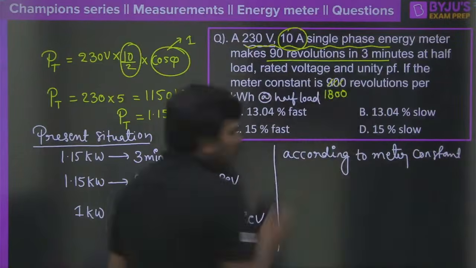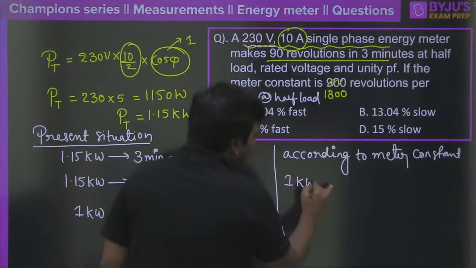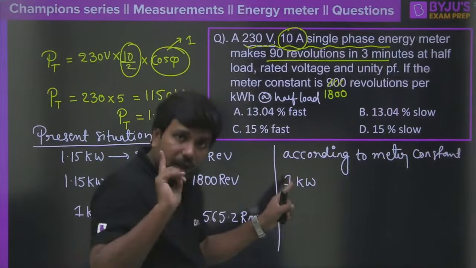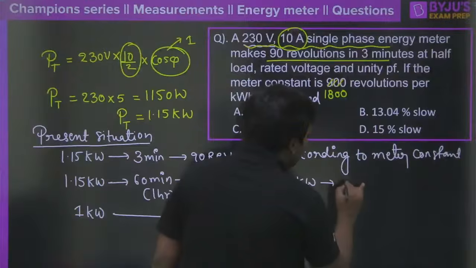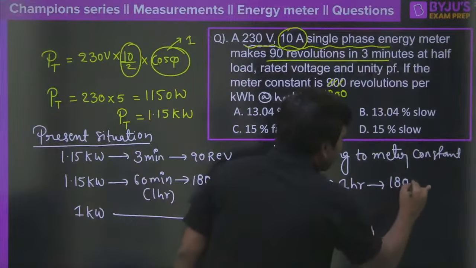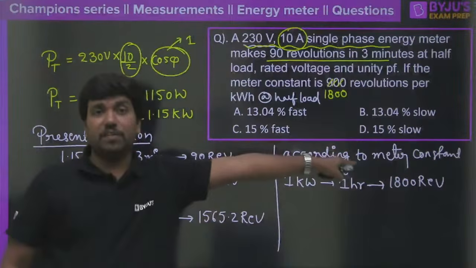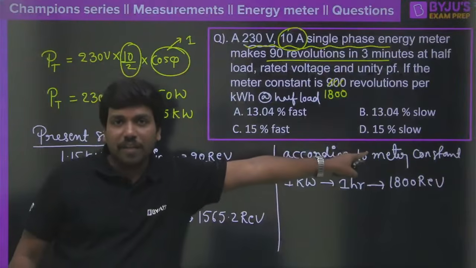At half load, if you consume 1 kilowatt for 1 hour, the meter constant is saying that you need to make 1800 revolutions. This is what the meter constant and its calibration is saying.